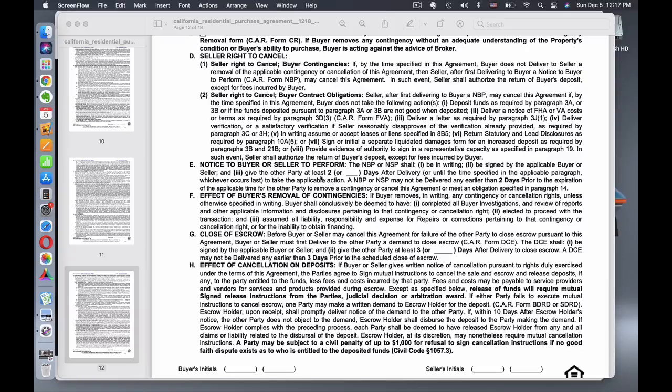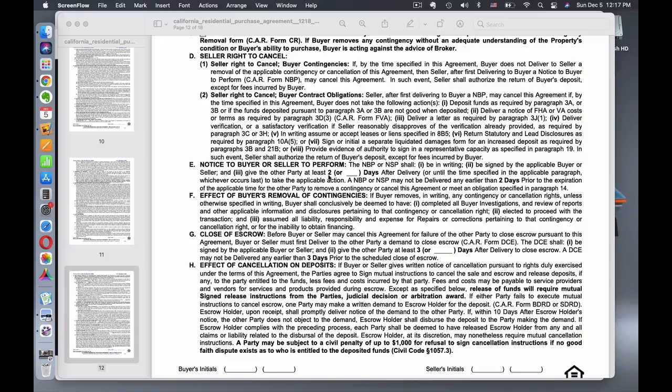So we would be given an additional 2 days to cancel out the contract or waive the contingencies and move forward. The seller does not get the right to keep the deposit under this notice of buyer to perform.